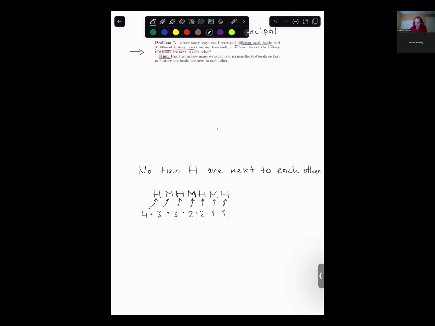And that's the only pattern that allows us to separate all history books. By the way, if we could have done it in slightly different order, we could have first put all the history books, right? And that would be 4 factorial.